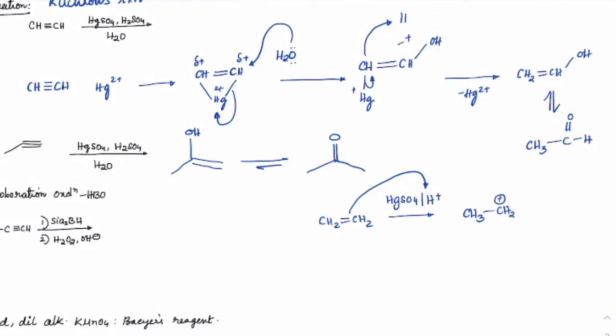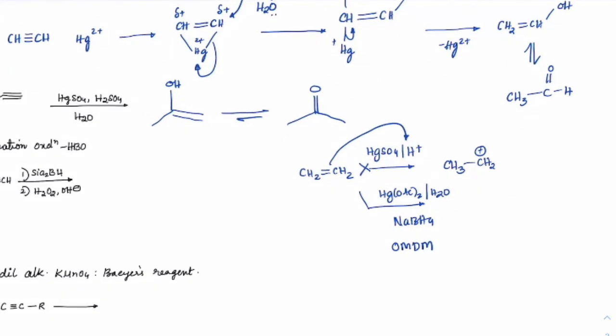So a mercuric bridge is not formed with this. Instead of going this way, we will take Hg(OAc)2 in H2O, and then NaBH4. This is what we call oxymercuration demercuration. Hope all of you remember that.